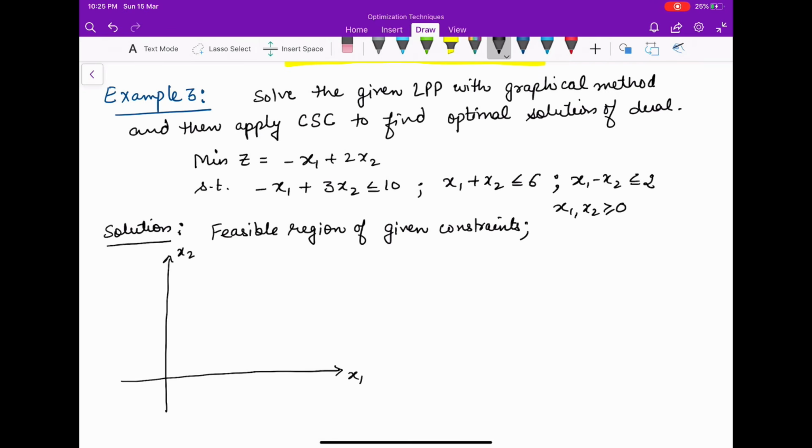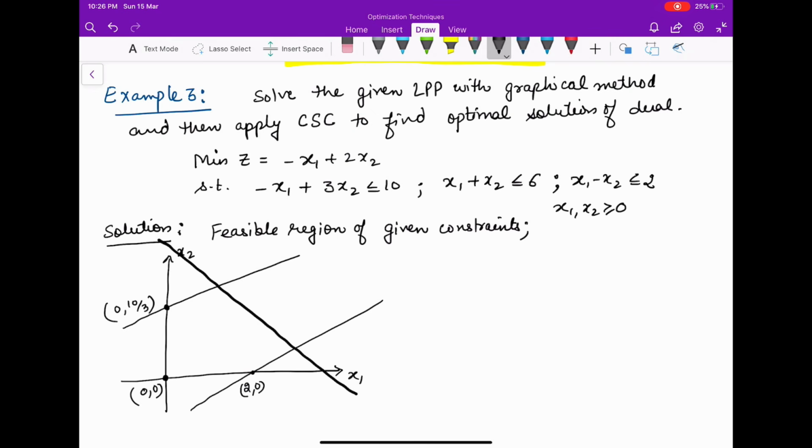There are three constraints that need to be drawn. The first line passes through 0, 10/3. And then there would be one more line. This is 2, 0. This point is 0, 0. And then one more constraint that passes through 6, 0 and this point would be 0, 6.